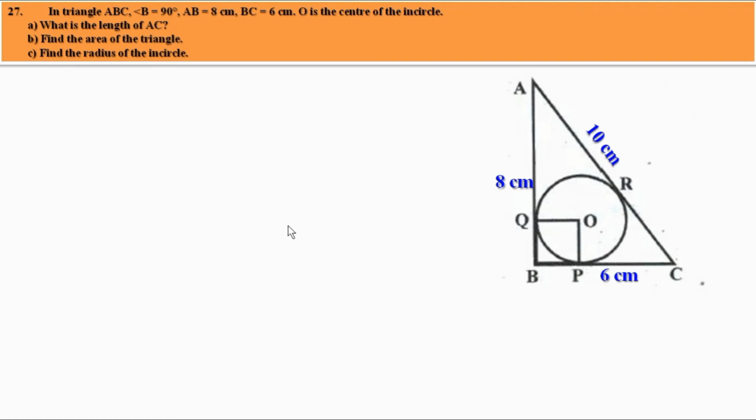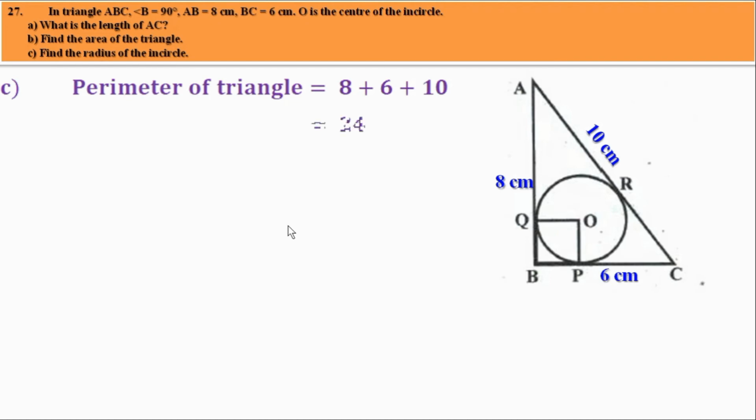We need to find the radius of the incircle. Let us find the perimeter of the triangle first. That is 8 plus 6 plus 10, or 24 centimeters. Now let us denote half the perimeter by s. Then s is equal to 12 centimeters.